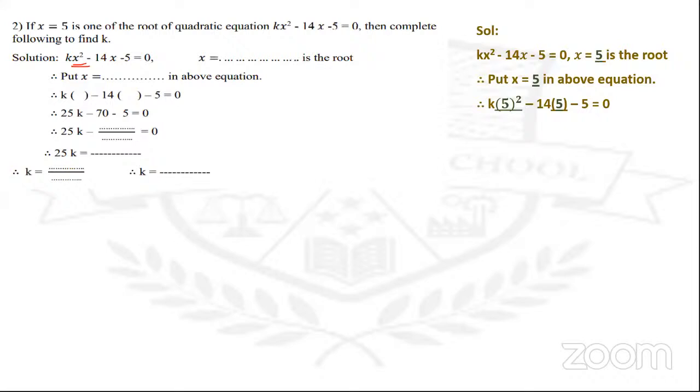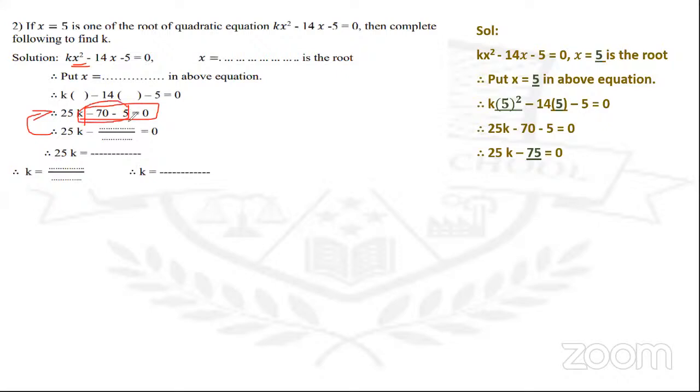It is k into 5 square minus 14 into 5 minus 5. So the next step is already solved for you. 25k minus 70 minus 5 equals 0. You'll get 25k minus 75 equals 0. Understand? Now what happens here is sometimes you get confused about what to do ahead. But look at the previous step. In the previous step, look at what it is, minus 70 minus 5.